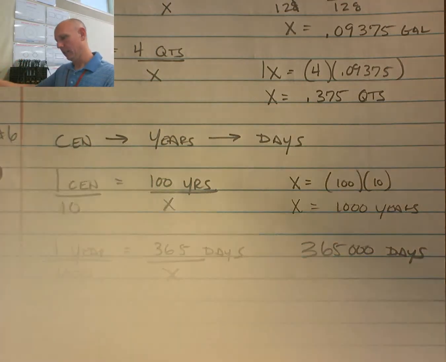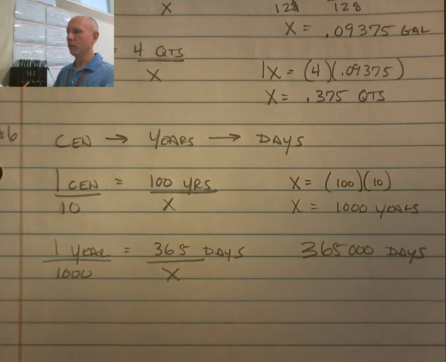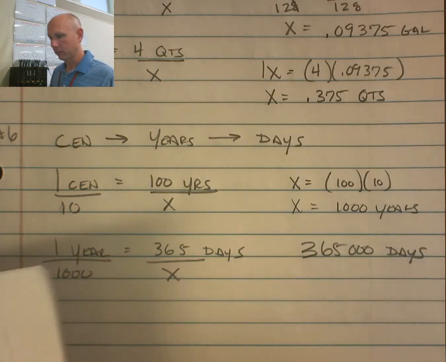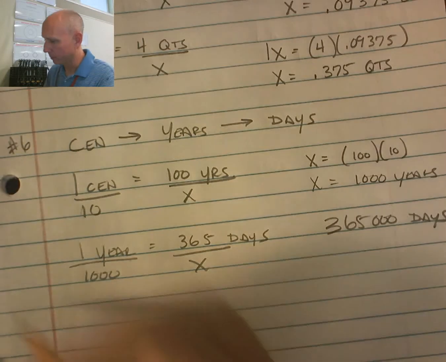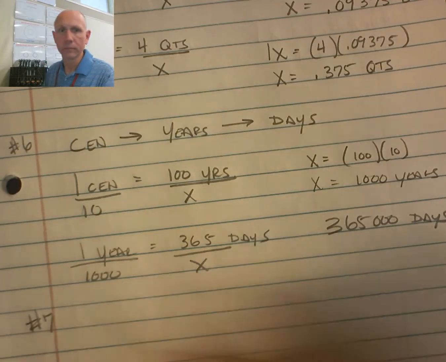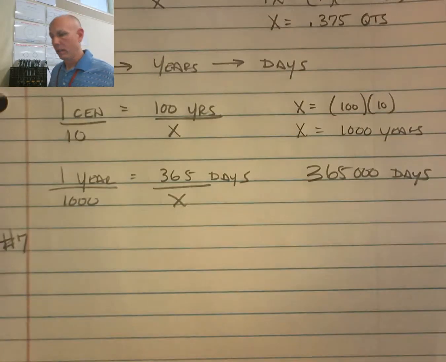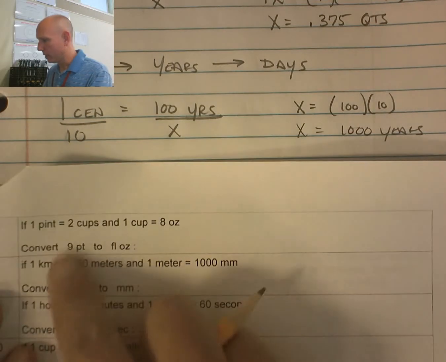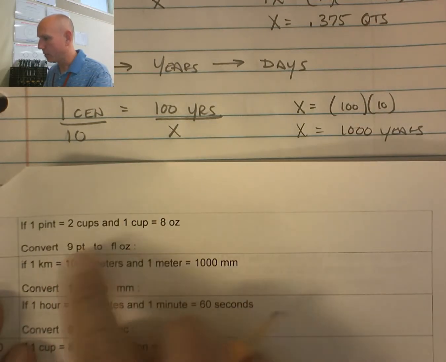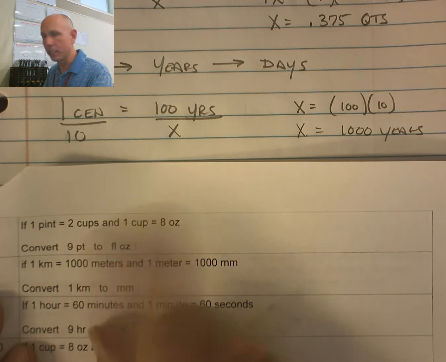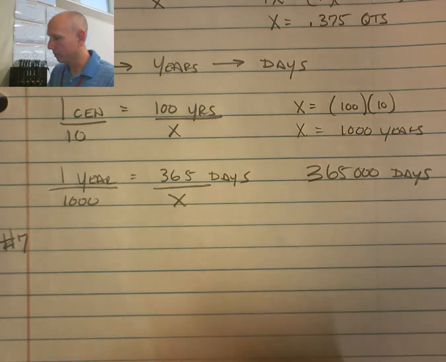Let's do number 7. Number 7 says convert 9 pints to ounces. So I'm going to go pints to cups to ounces.